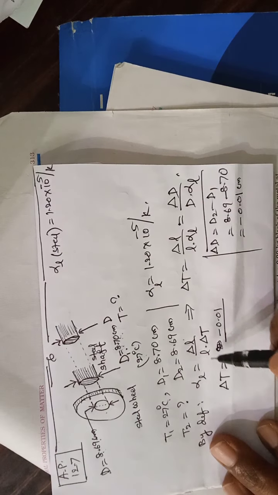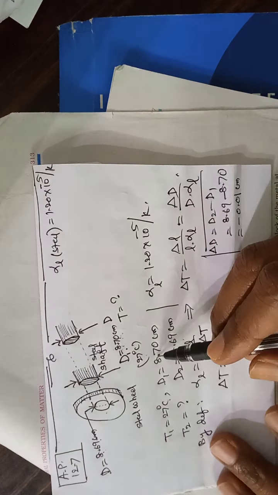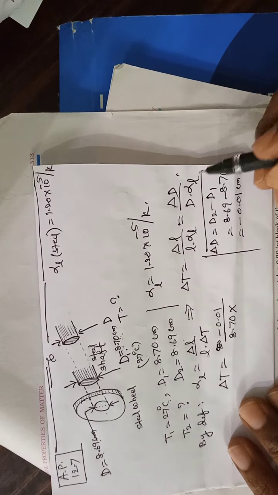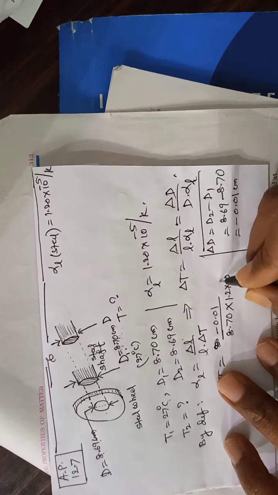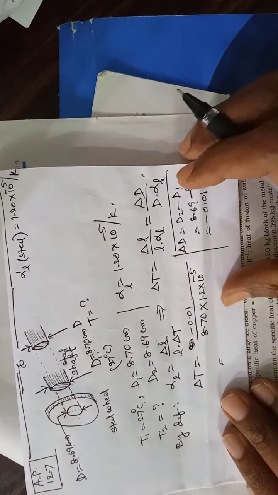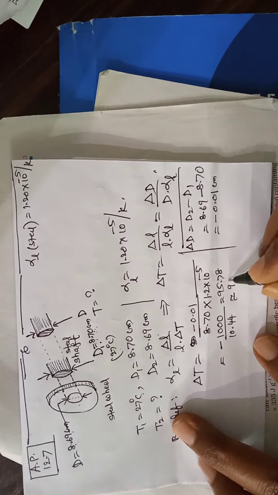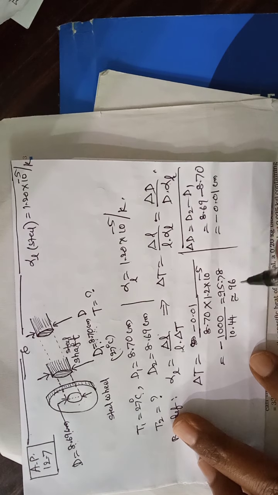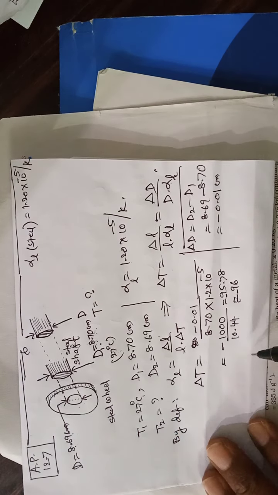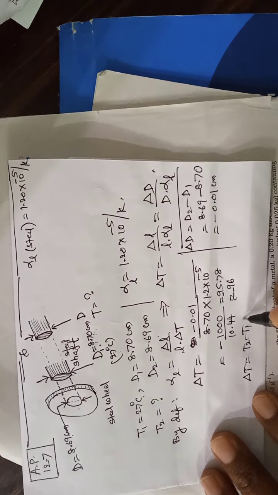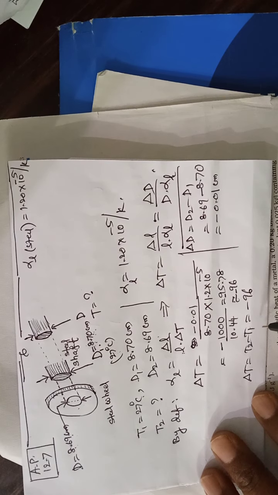Divided by the original, initial value 8.70, into alpha L 1.2 × 10^-5, we get this nearly equal to 96, but here minus is there, minus 96. Delta T means T2 minus T1, that is equal to minus 96.